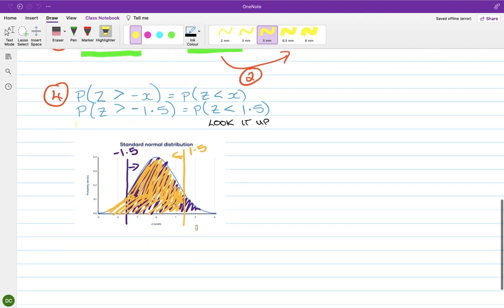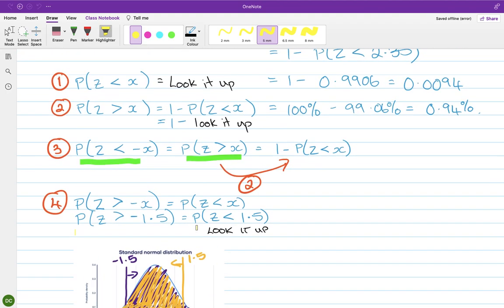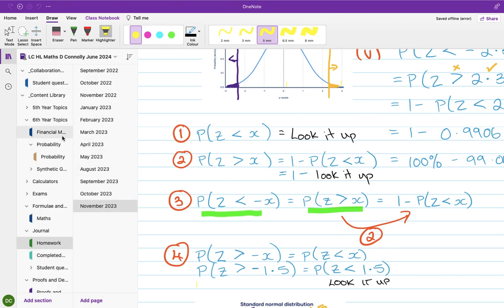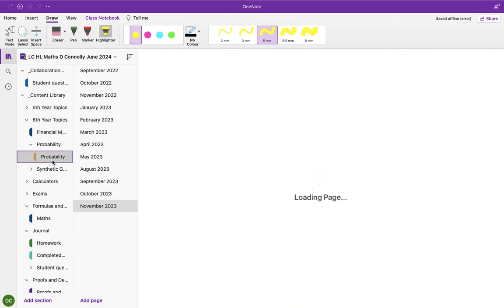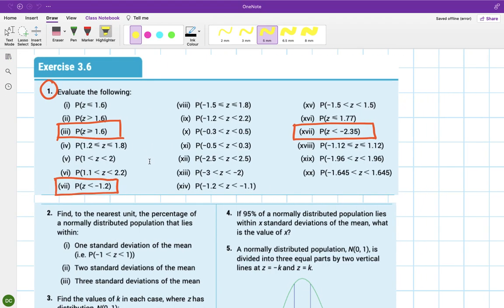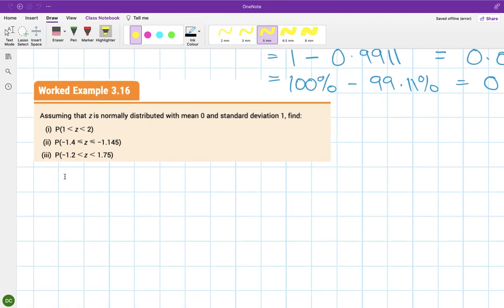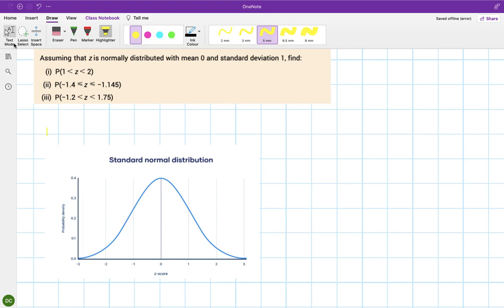So then the last one, which we haven't done, I'm going to do now, is the in-between. Okay, so we'll do that now. Probability. Okay. Right.